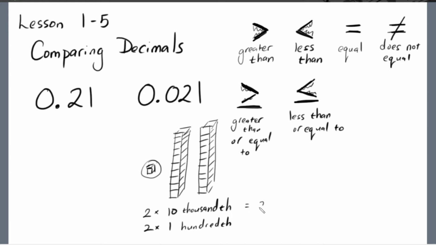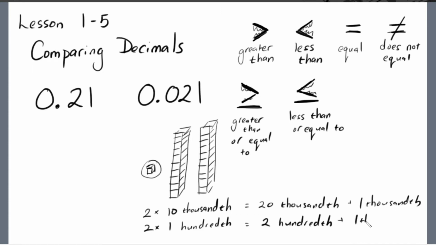So now we're at 20 thousandths. Or we're at 2 hundredths. And then we have one more thousandth. So this is 20, 10, 20, 21. That's what 21 thousandths will look like. Plus one more thousandth. And we're going to write it down here as well.